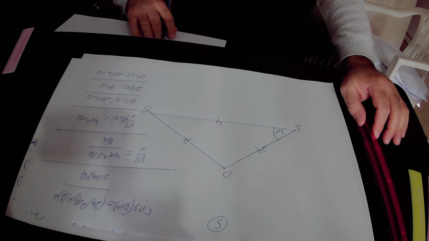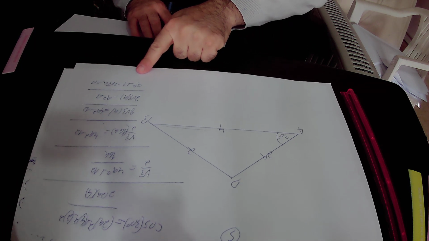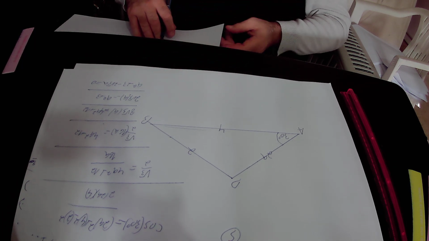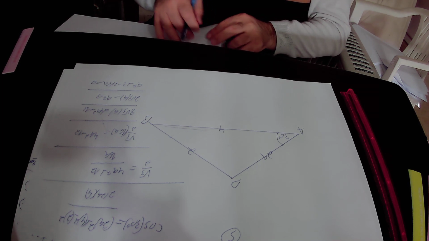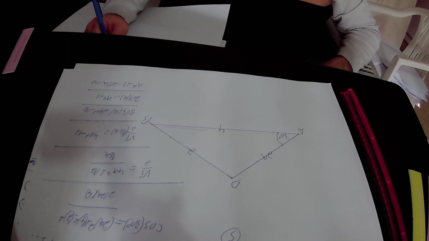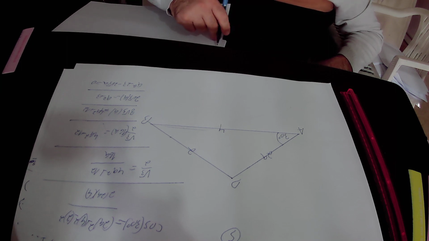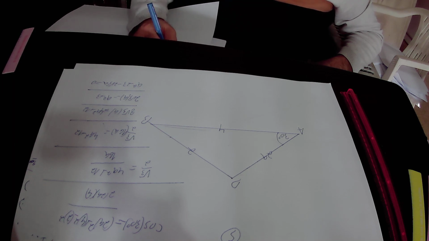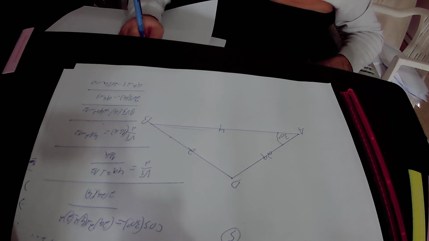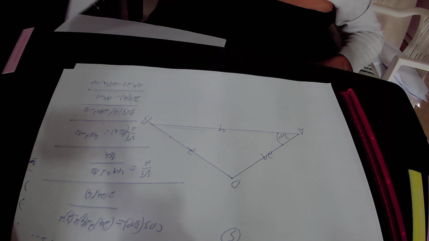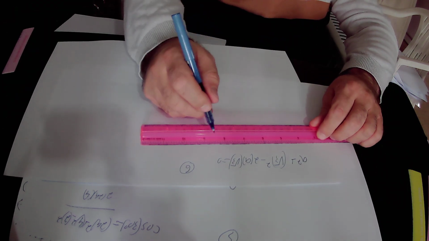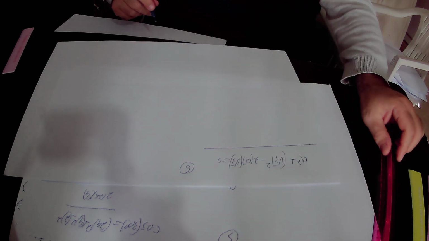We know that 3 equals square root of 3 squared, so we substitute it and get A squared plus square root of 3 squared minus 2 times A times square root of 3 equals 0.